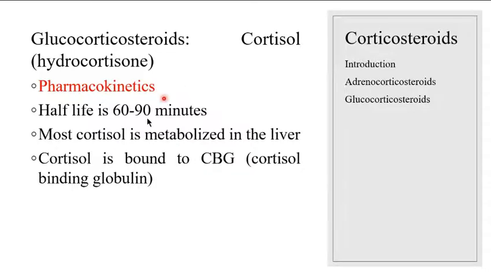It generally binds to globulin. Most of the drugs that we consume bind to plasma protein, which is albumin. But corticosteroids, which are produced by the body, rather than binding to albumin, bind to the plasma protein known as globulin.